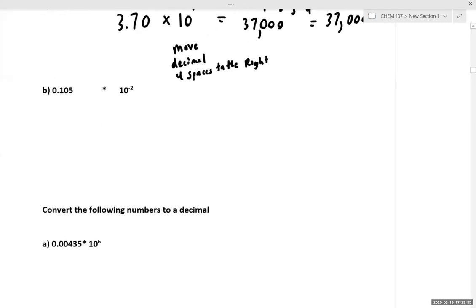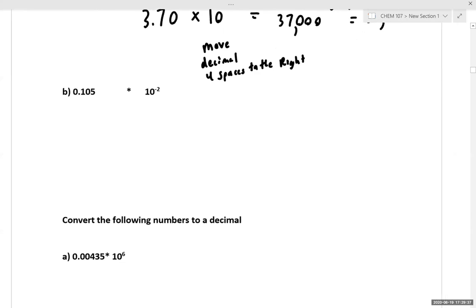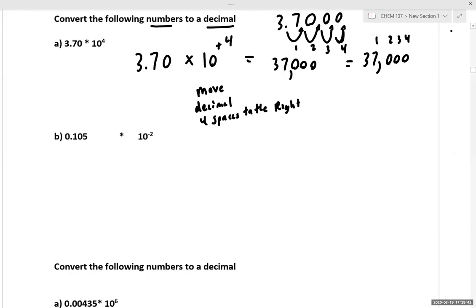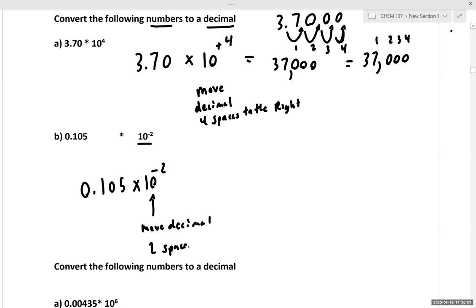So continuing on, let's look at this second example where we're asked to multiply by a negative power of 10. So we have 0.105 times 10 to the negative second. And this negative power of 10 is telling us that we move our decimal, in this case, 2 spaces, this time to the left.